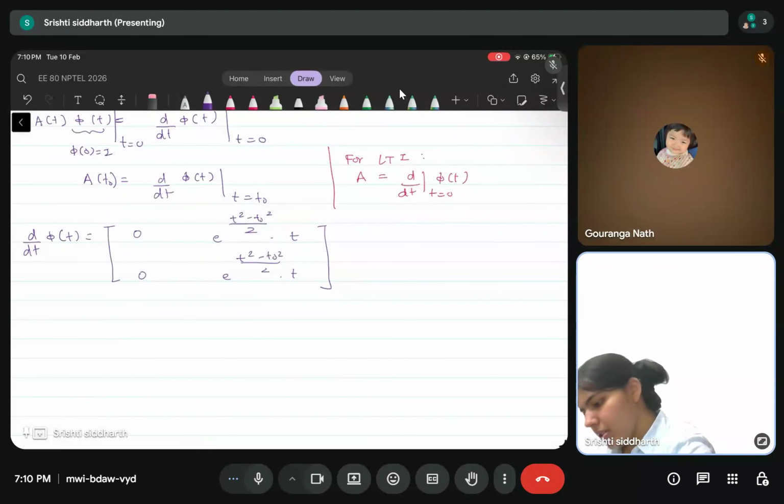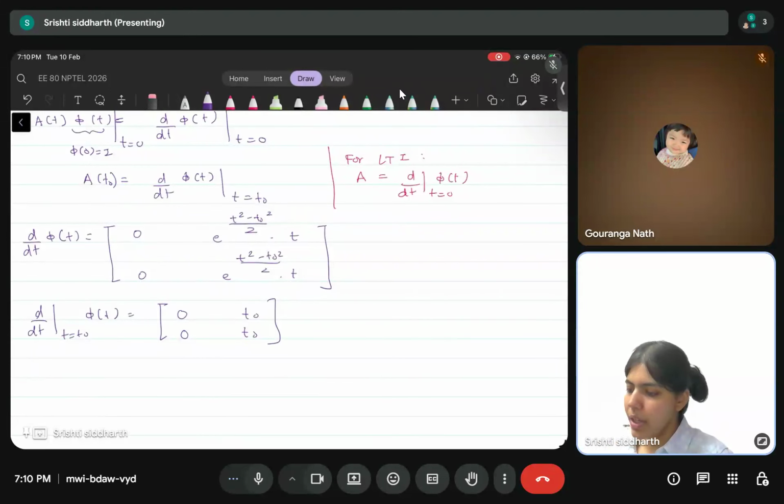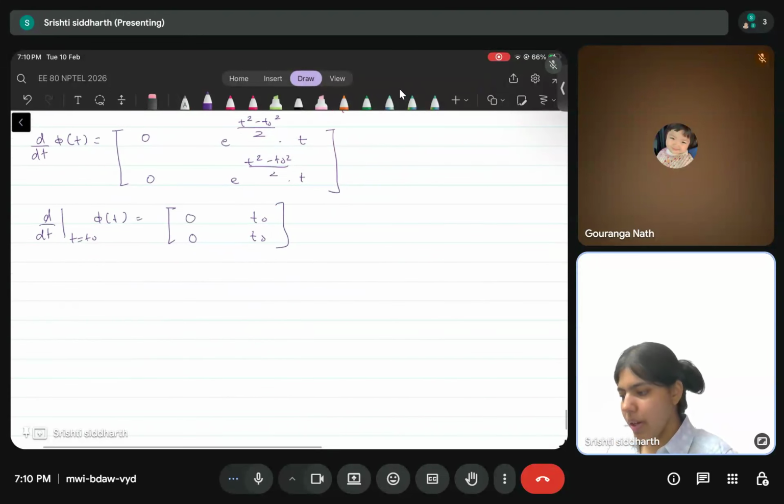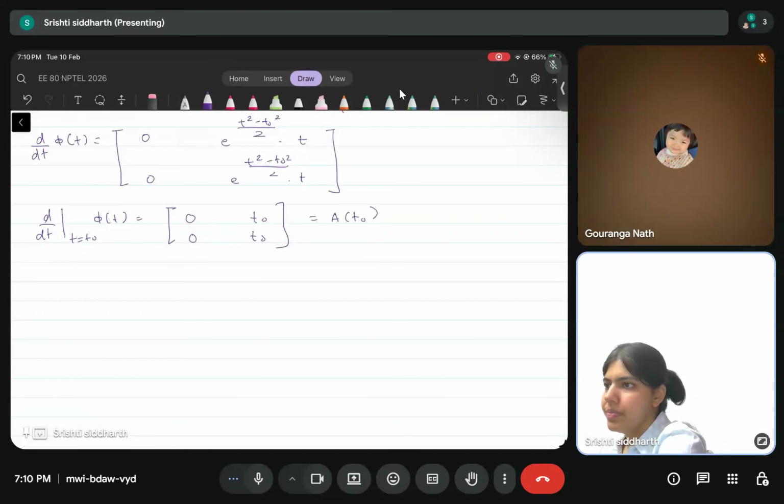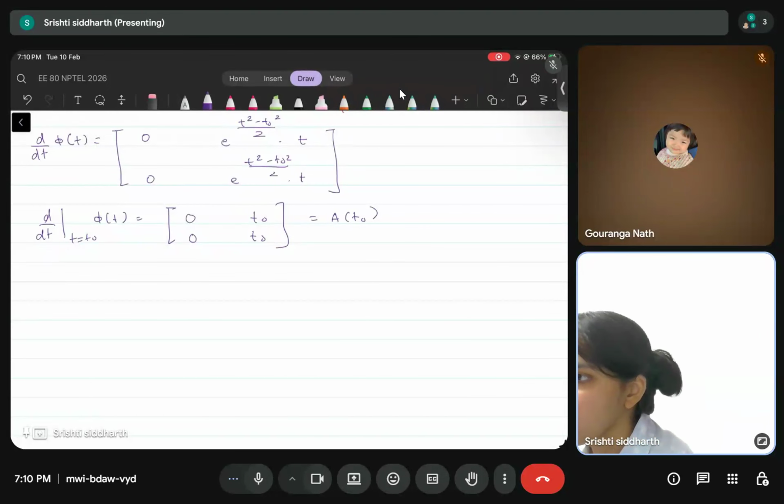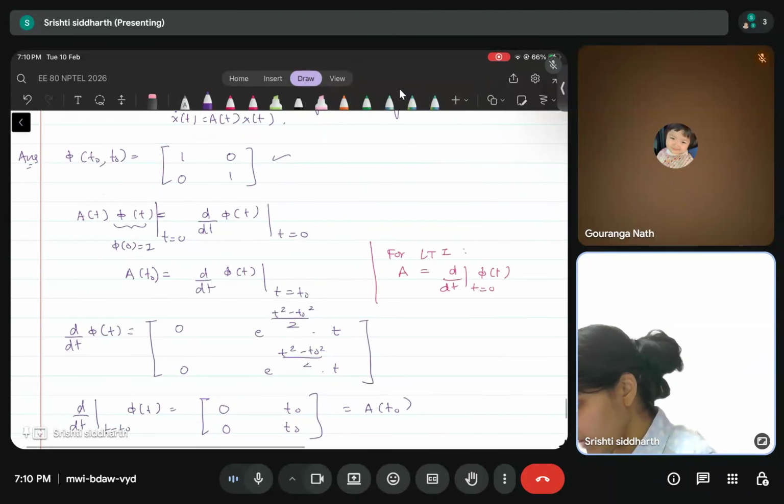At t naught, this will become t naught, 0 and t naught, exponential to the power 0. So this is A at time t. So I hope that the state transition matrix is clear to you.